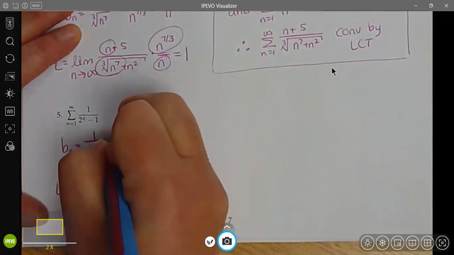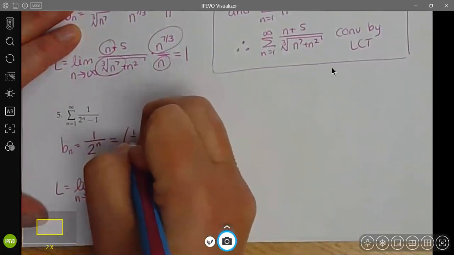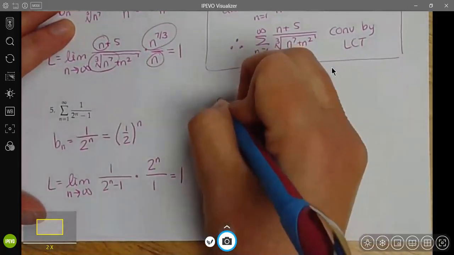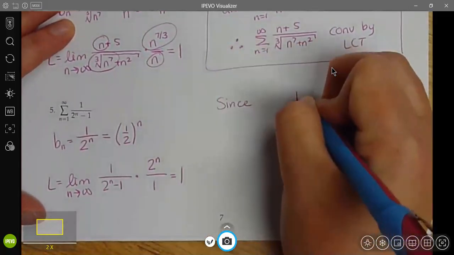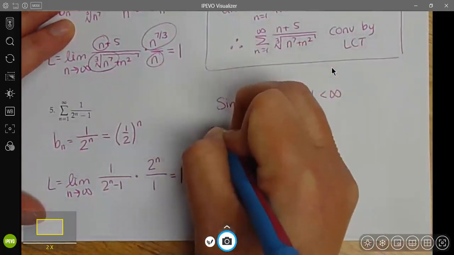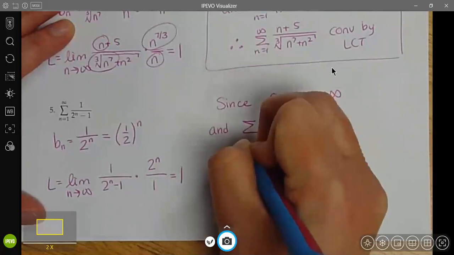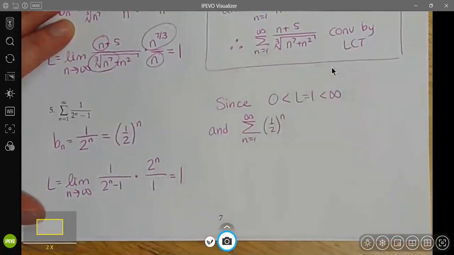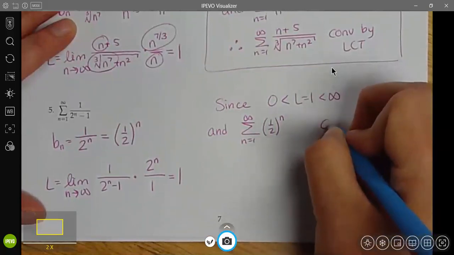And then let me simplify my b sub n so it looks a little more geometric. I can write that 1 over 2 to the n as 1 half to the n. And my conclusion statement is, since L equals 1, which is between 0 and infinity, and the sum from n equals 1 to infinity of 1/2 to the n. Okay, so I have a number raised to the n, that is a geometric series.